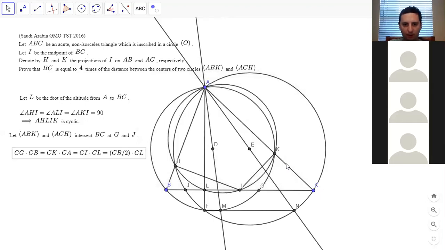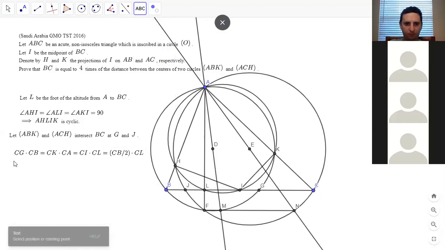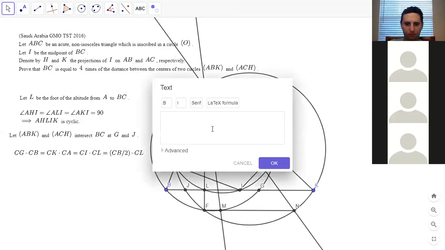So that means that G is the midpoint of CL. Similarly, J is the midpoint of BL.